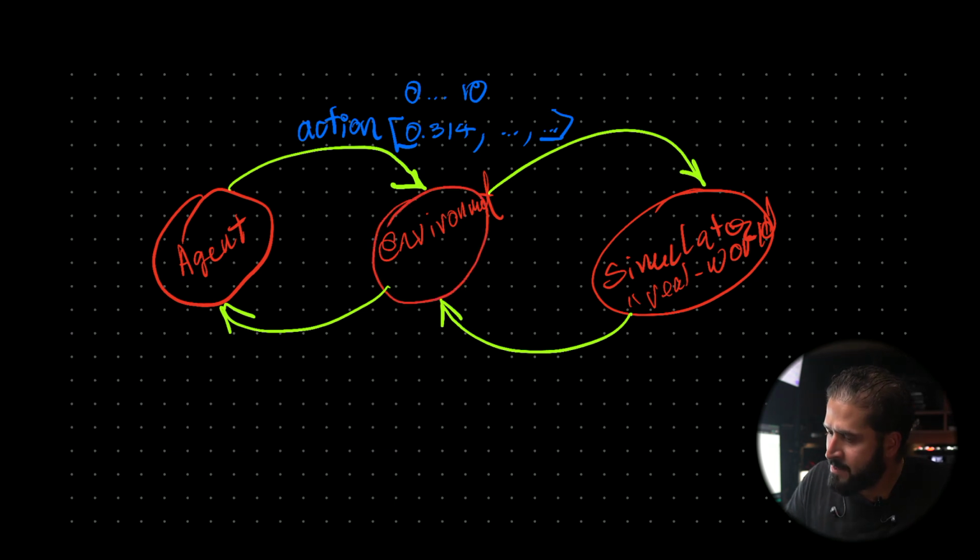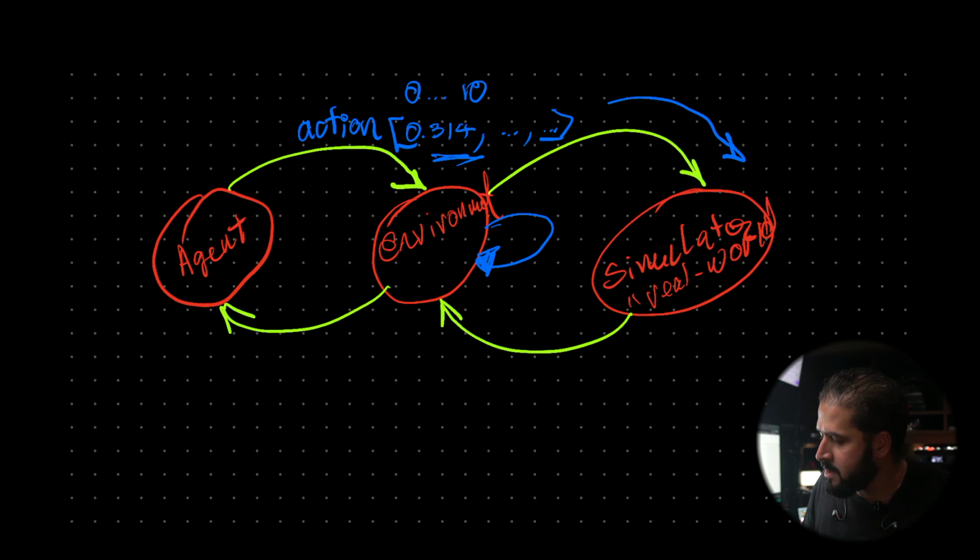Something happens in the environment. There's some processing going on. Usually that means you're going to apply actions to the simulator depending on the information in here. Some people say the environment is kind of like an adversary to the agent. No, don't think about it like that.